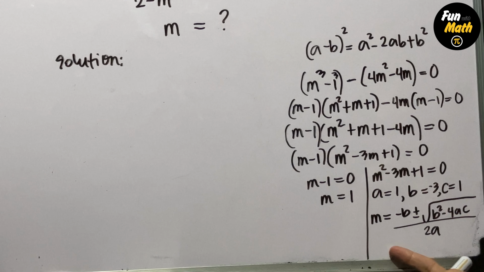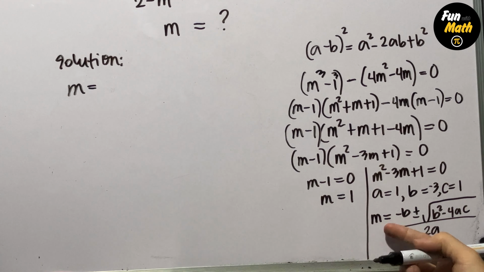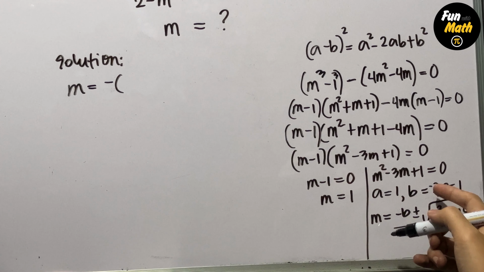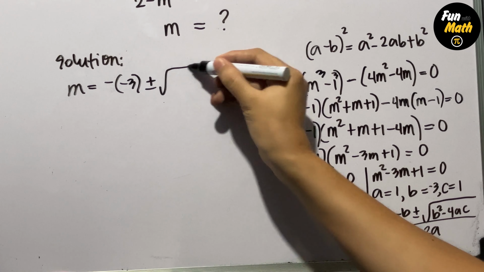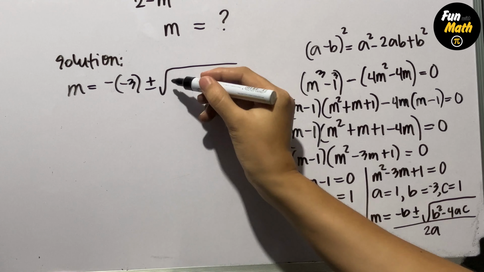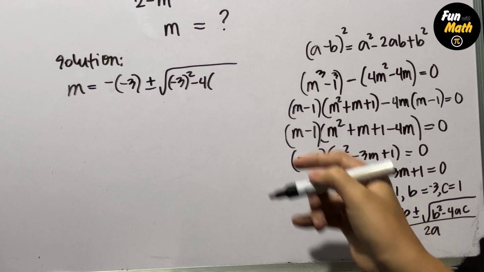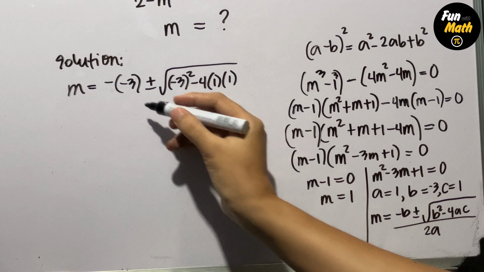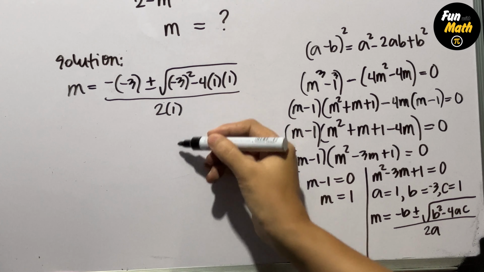And now let's apply the formula. So m is equal to negative b, so that is negative times the value of b, which is negative 3, plus or minus the square root of b squared, that is negative 3 squared, minus 4 times a, that is 1, times c, that is 1, all over 2 times a, that is 2 times 1.